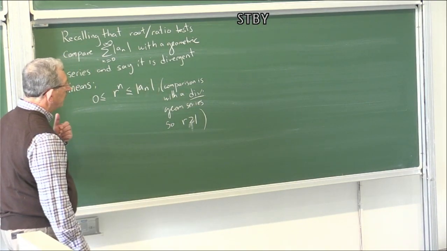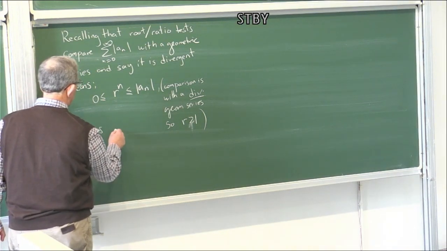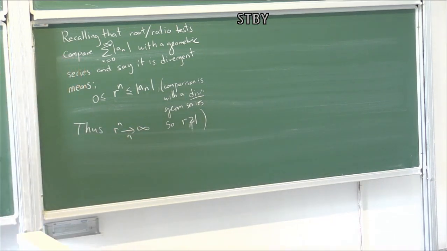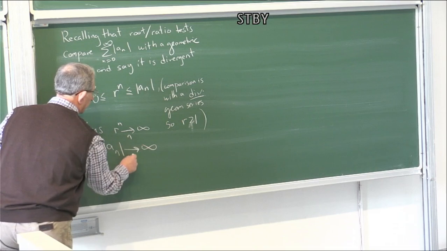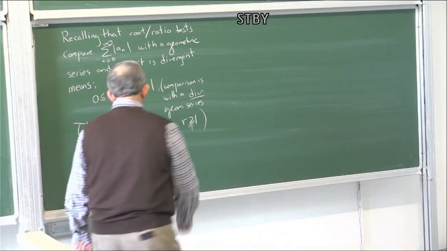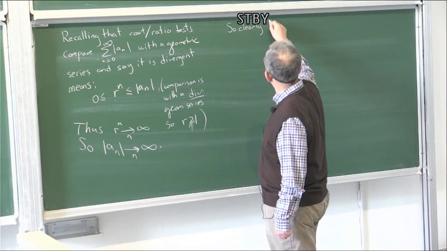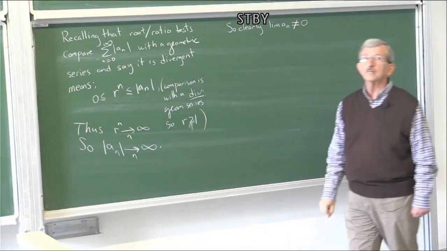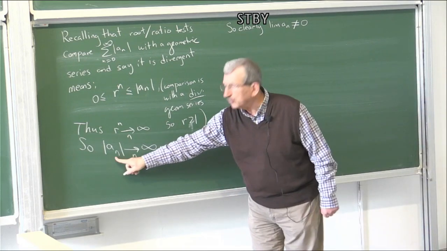Now, this comparison, of course, tells us that r to the n goes to infinity with n, because r is bigger than 1. So, absolute a_n goes to infinity with n. Now it's clear that the limit of a_n cannot be 0. Because if the limit of a_n were 0, the limit of absolute a_n would be 0, but it's not.